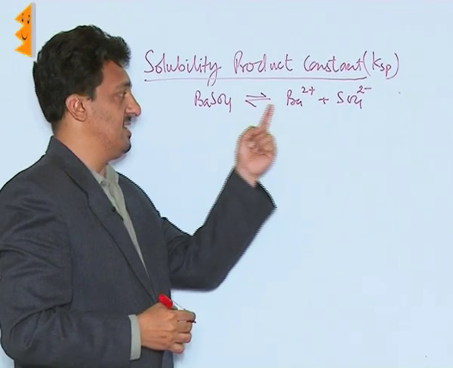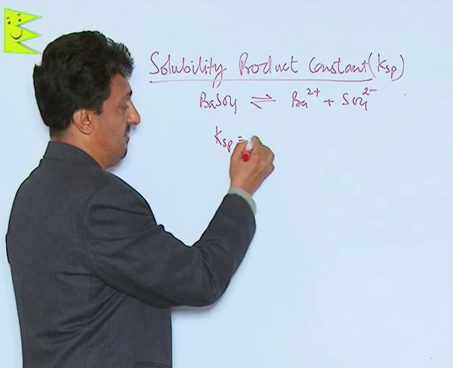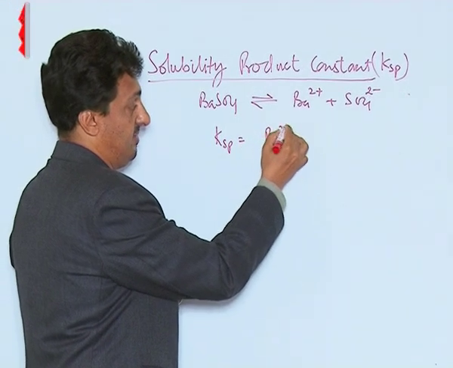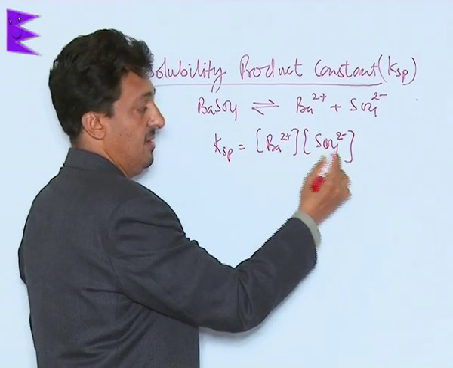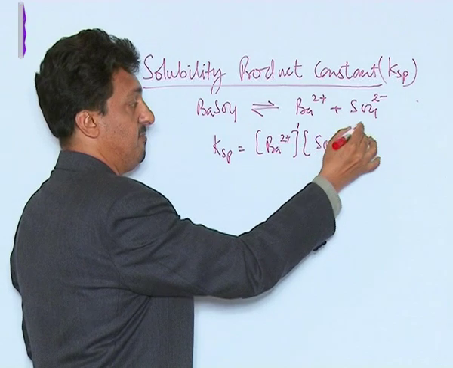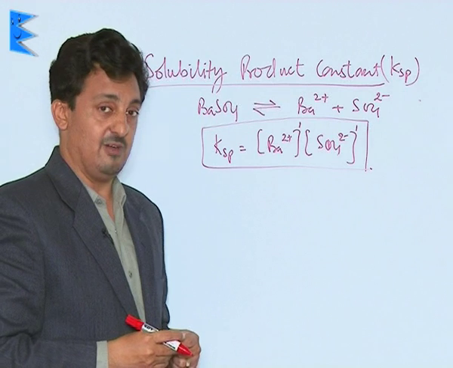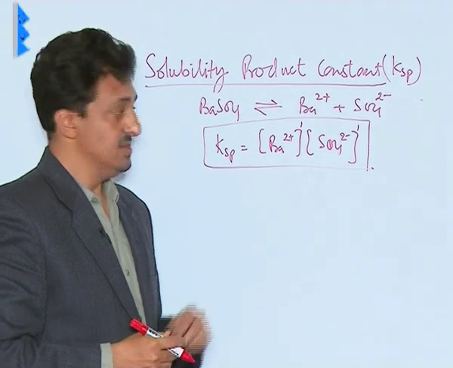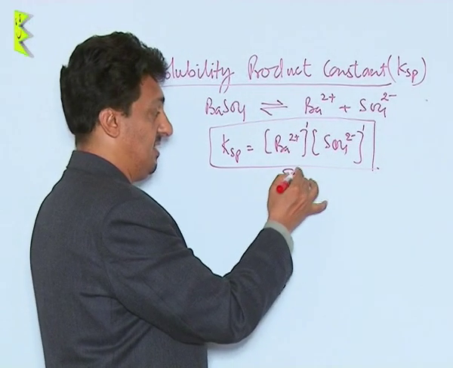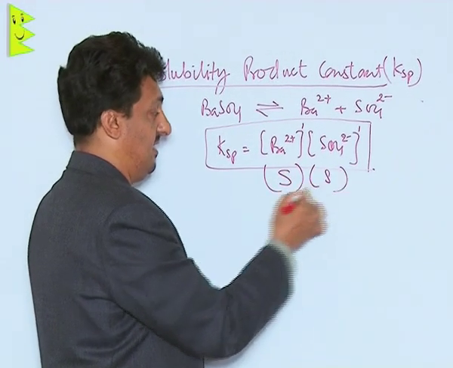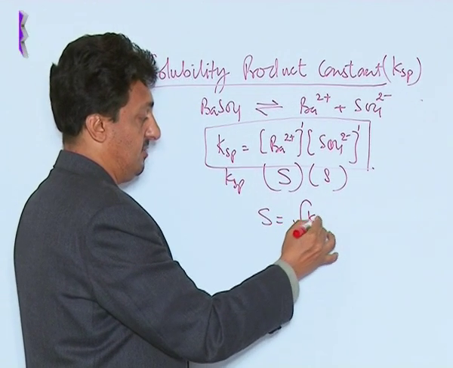Since one molecule of this gives one barium ion and one sulfate ion, we write KSP as the concentration of barium ions multiplied by the concentration of sulfate ions, and the powers will be only 1 because 1 barium ion and 1 sulfate ion are given out by one molecule of barium sulfate. This will be its expression for KSP, and if the solubility of the ions is S and S, the solubility will be the square root of KSP.